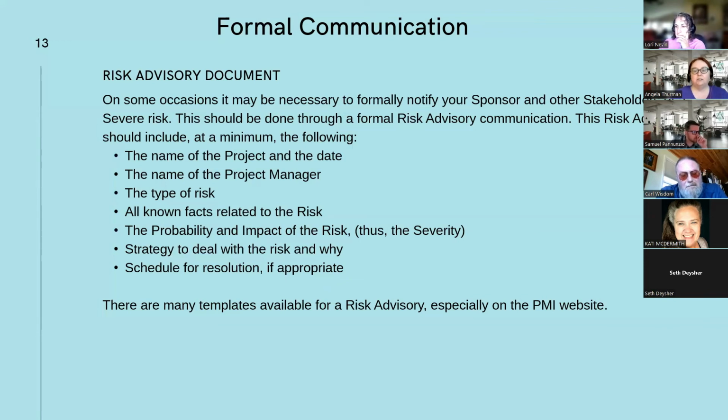So you want to be open and honest and transparent about this potential risk. That's why I would recommend a formal communication, so that you have this fully documented up front and as soon as possible. Does anyone have any questions about that?